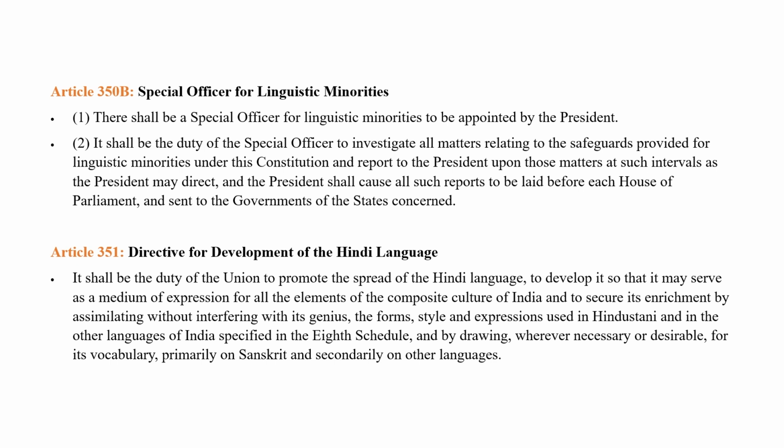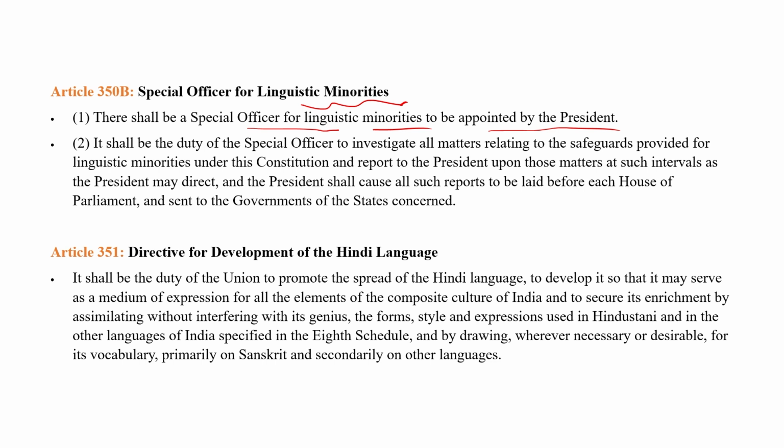Then what does Article 350B say? Special officers for linguistic minorities, meaning appointment of a special officer who deals with the languages of linguistic minorities. There shall be a special officer for linguistic minorities to be appointed directly by the President only.